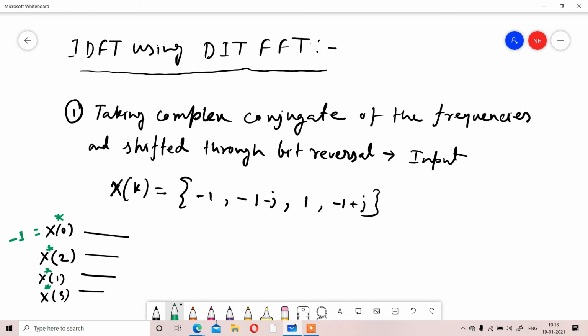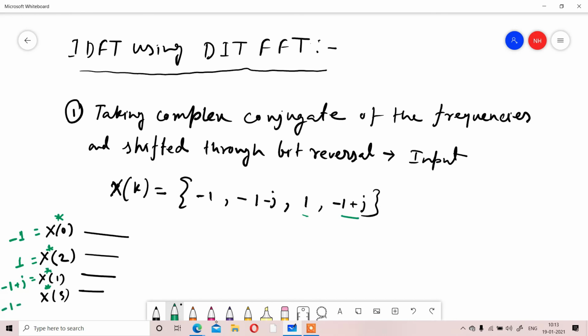So x2 conjugate value will also be 1. x1 conjugate value you will have -1 plus j. Whatever the minus j you get, that will be plus j. Whatever the plus j you get, that will be minus j. That is the meaning of complex conjugate. So x1 will be minus 1 plus j, and x3 will be minus 1 minus j.